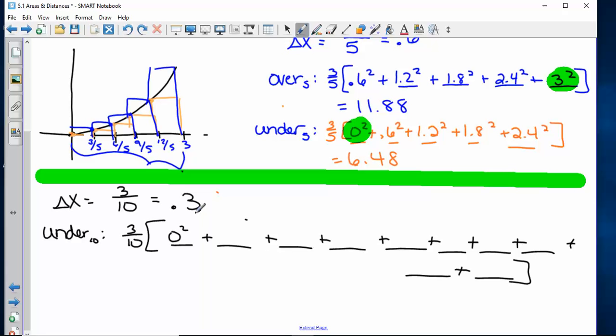Then you add your change in x each time. So 0.3 squared, 0.6 squared, 0.9 squared, 1.2 squared. Does everybody know where I'm getting these numbers? 1.5 squared, 1.8 squared, 2.1 squared, 2.4 squared, 2.7 squared. You only have 10 of them, so I have to stop here.